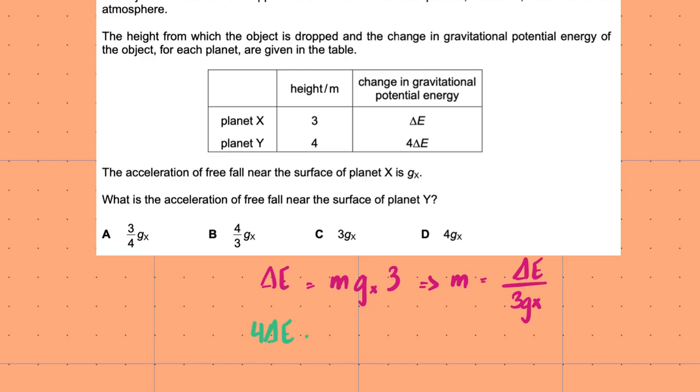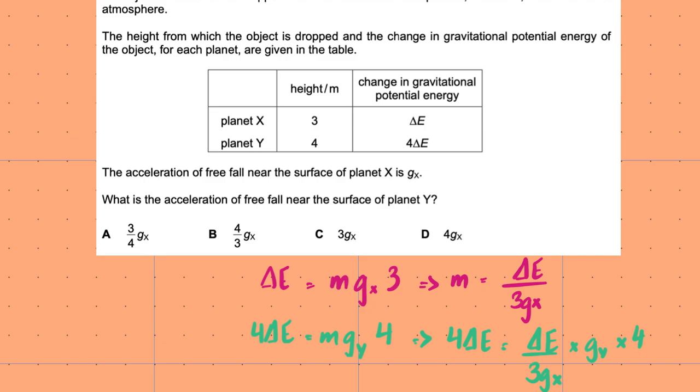So I know that m is the same. So it's m gy into 4 in this case, and I can just plug in the expression from the previous part for m. So then this expression would become 4 delta E equals delta E over 3 gx into gy into 4.